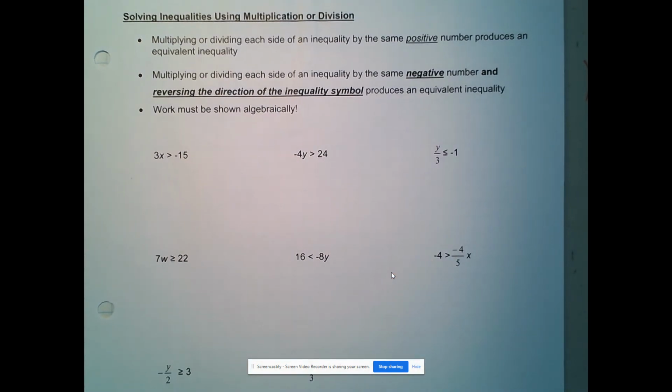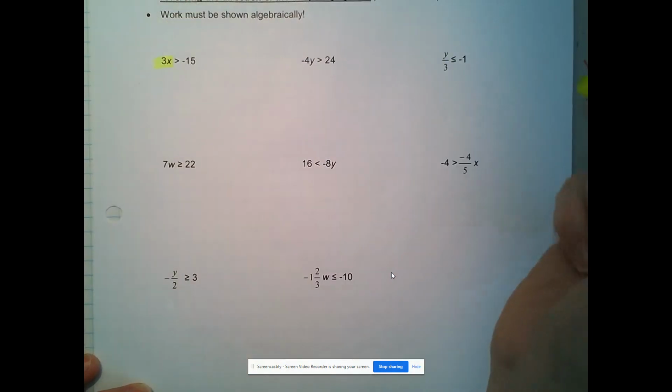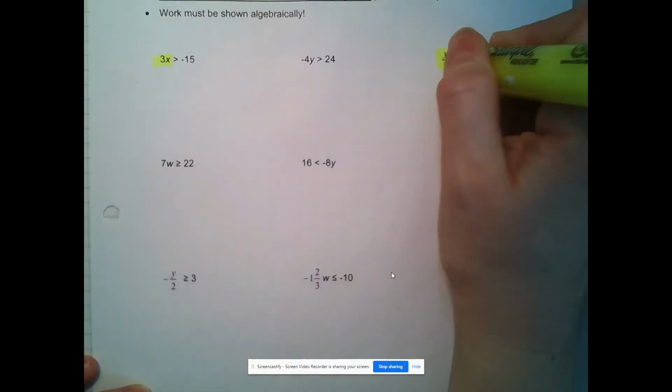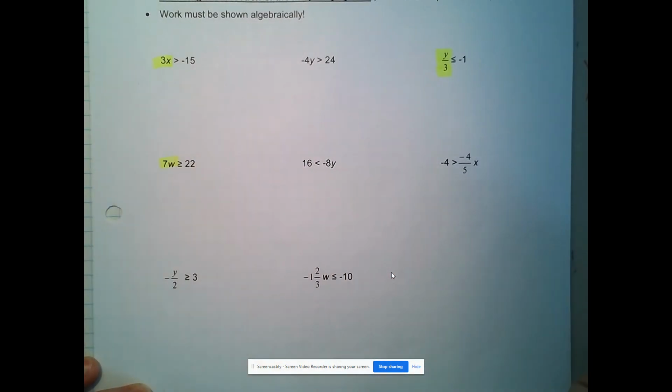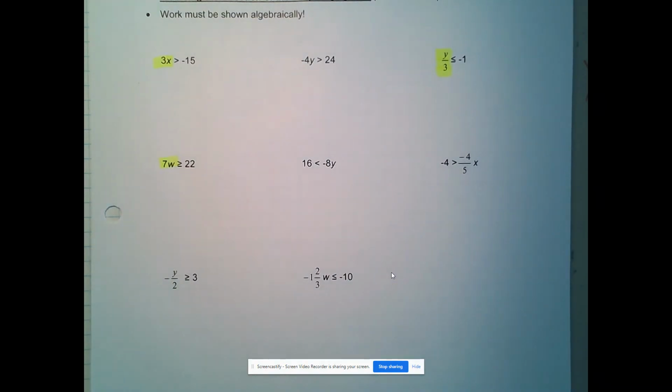So I'm going to go through all of the ones on the back and highlight the side with the variable, specifically the ones where the side of the variable has a positive number.